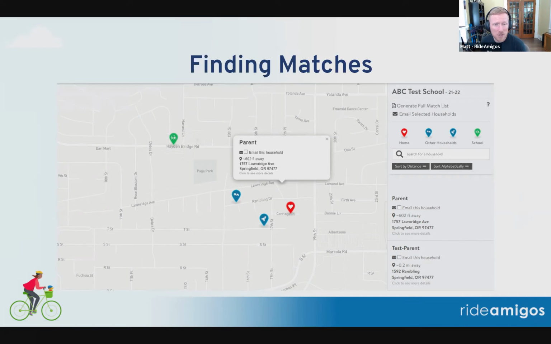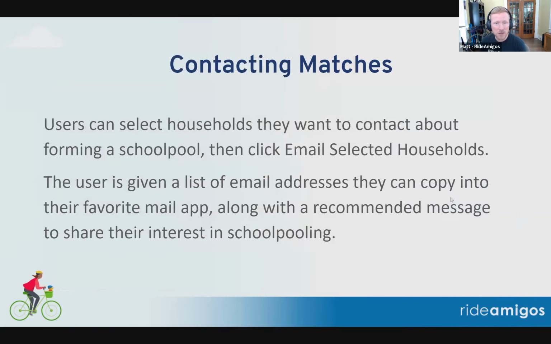One of the other features that you are able to do with this tool is after you've found matches, you can select multiple households that you might be interested in contacting about forming a school pool, and then easily take that list of contacts that you've generated, put that into your favorite email app, and then send a message to those users.